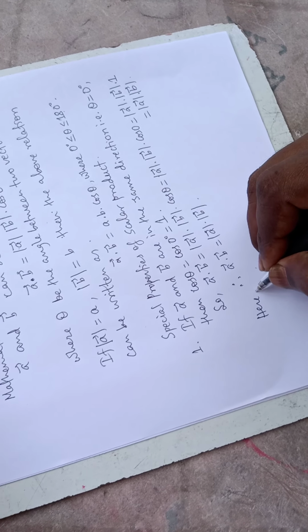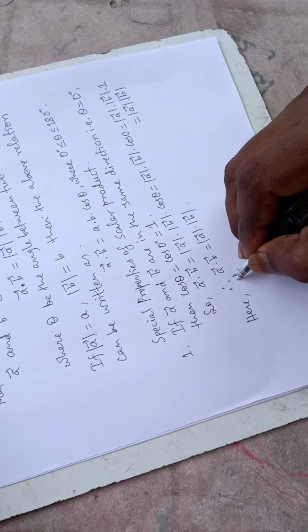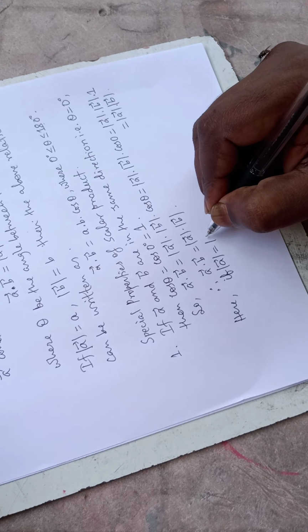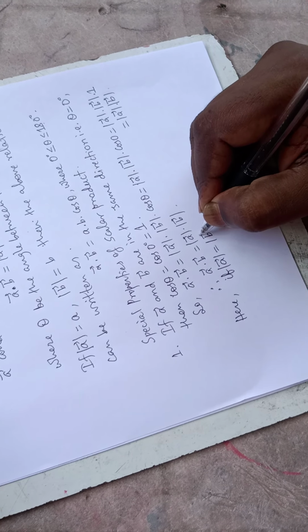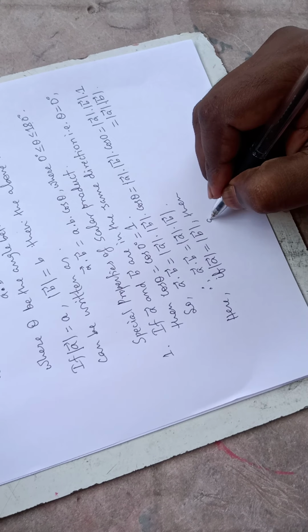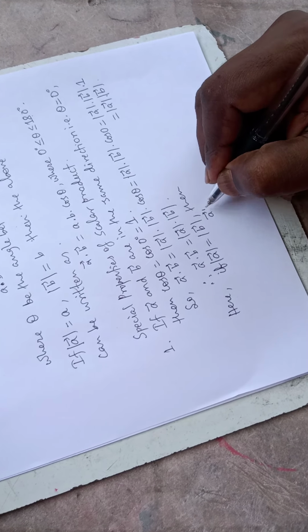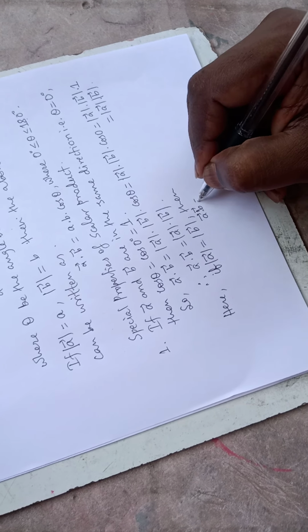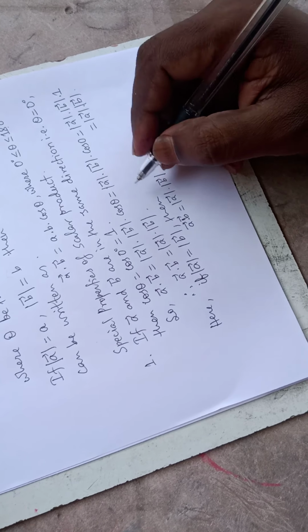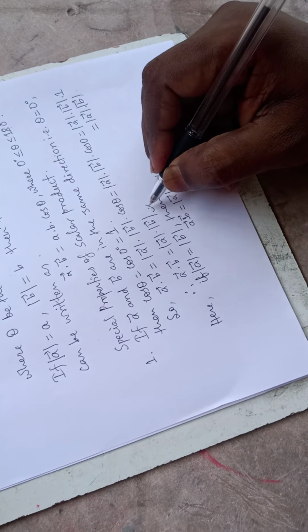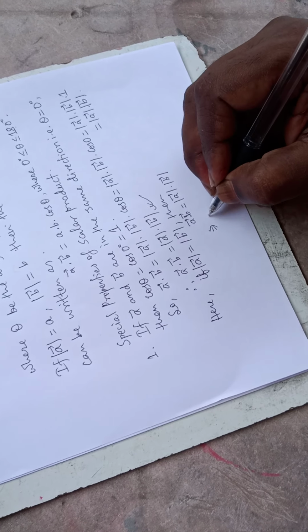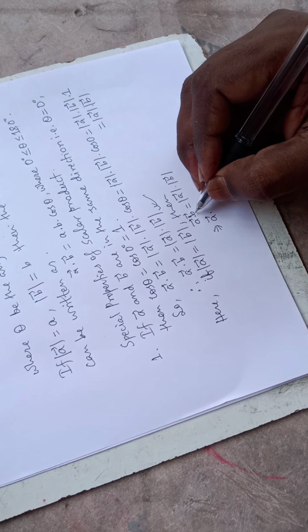Here, if modulus of a is equal to modulus of b, then a dot b is equal to modulus of a times modulus of b, as given above.